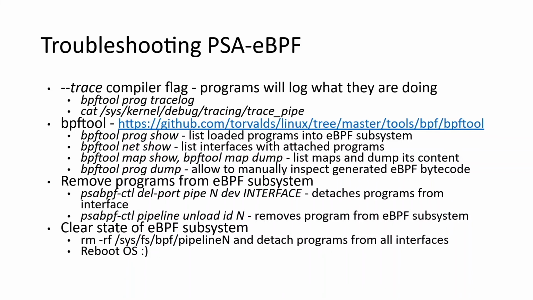Sometimes there is a need to completely wipe the state of the eBPF subsystem. One way is similar to removal of PSA eBPF programs. Just remove all the PSA objects and detach every interface. A more reliable method is to reboot your operating system.